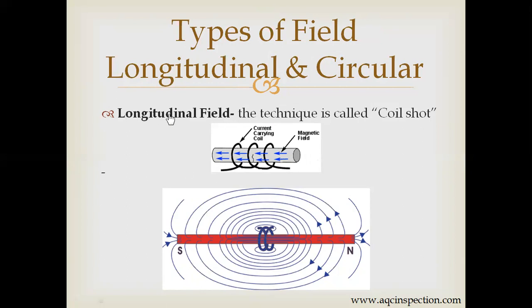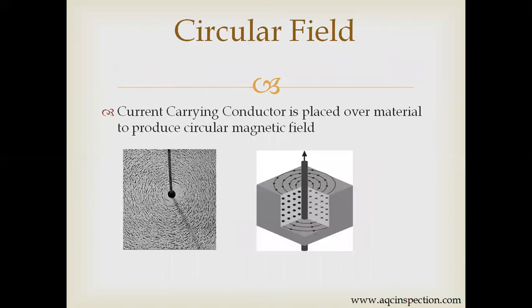Longitudinal fields are produced by a method called the coil shot method, where a current carrying coil is wound over a ferromagnetic material. Circular magnetic fields are produced by a current carrying conductor placed over a material, which produces a circular magnetic field around the conductor.